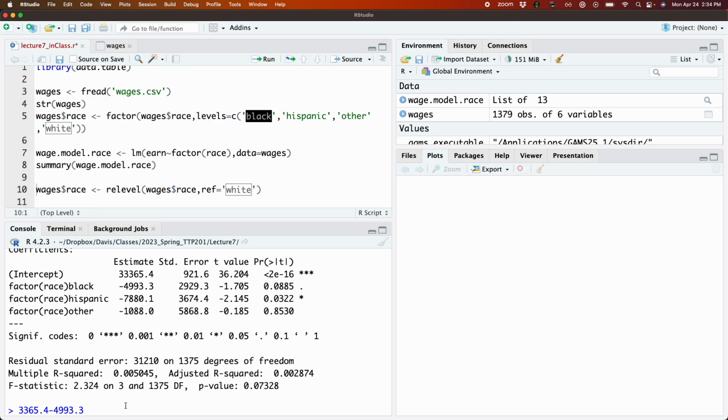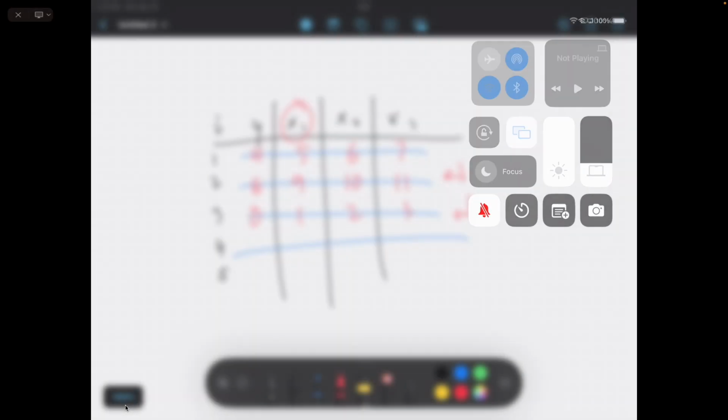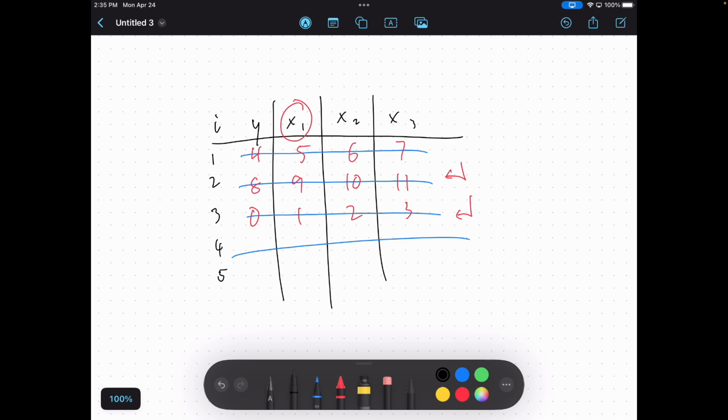Okay, so when I think about this, essentially the way this works is, how do I make a new screen here? Okay, there.